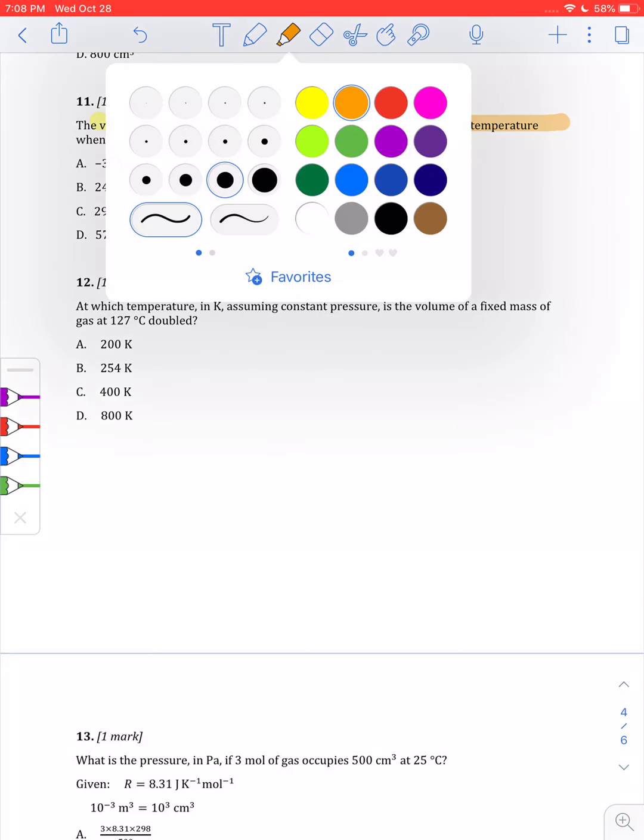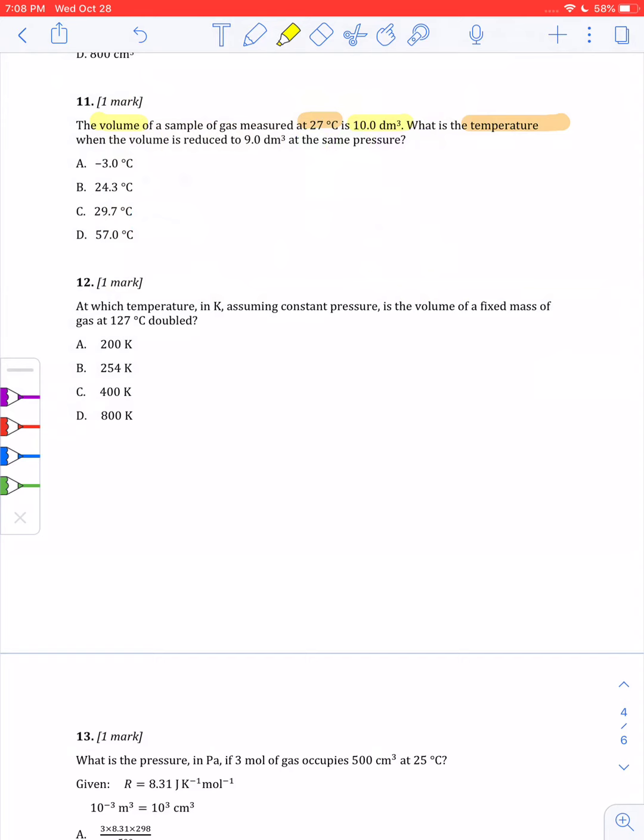So we're solving for the second temperature, or the new temperature, when the volume is reduced to 9 cubic decimeters at the same pressure. Okay, so pressure is staying the same. That means that pressure is constant, so this problem only deals with volume and temperature.